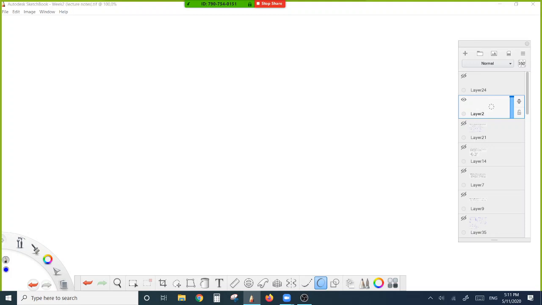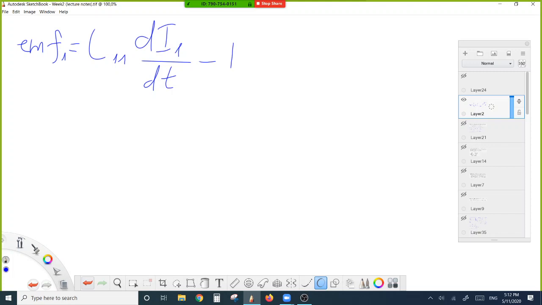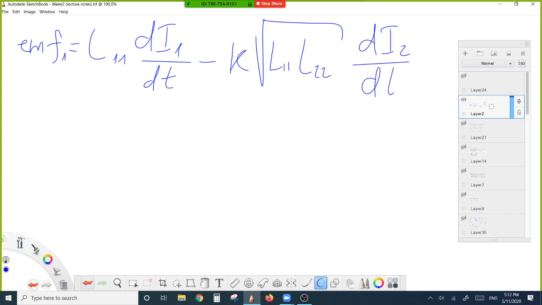For the real transformer, we had the equations. Electromotive force 1 was equal to L11 di1 over dt minus K square root of L11 L22 di2 over dt.